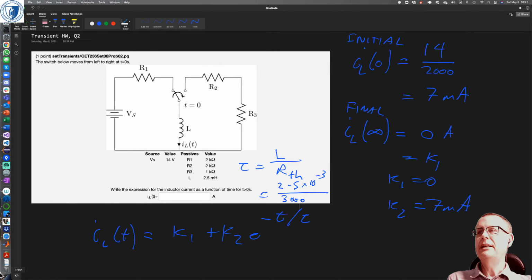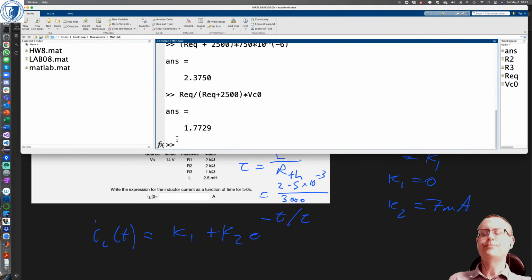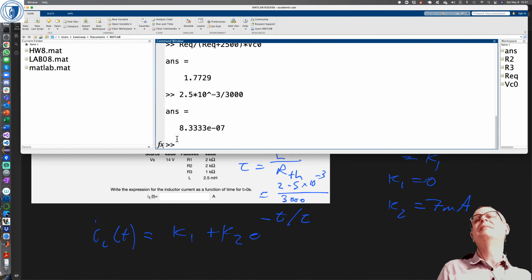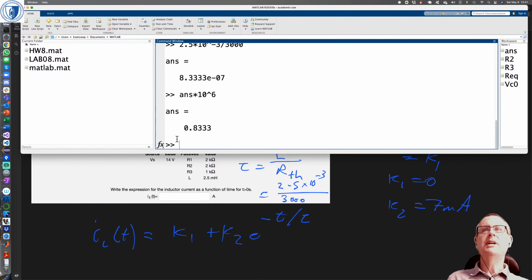I'm not going to do that in my head, I'm going to go to MATLAB to do it. So 2.5 times 10 to the minus 3 divided by 3000. And it's quite small. That's 0.833 microseconds.